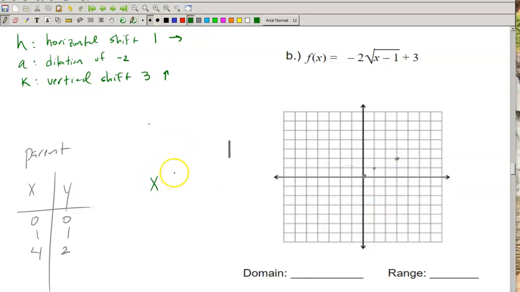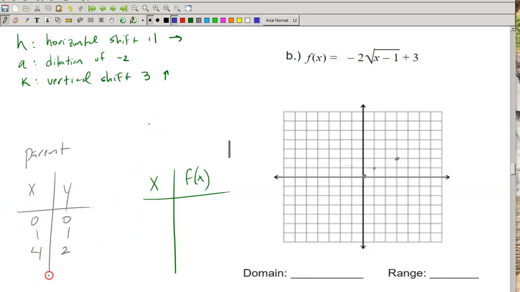And this time I'm not going to spend so much time thinking about each individual point and visually showing it go left, right, up, down, all that kind of stuff. Here I'm just going to translate the points more numerically. So if you look at the different things that are changing here, we have a horizontal shift of +1. It's going to the right 1. Well, that's going to change my x values.